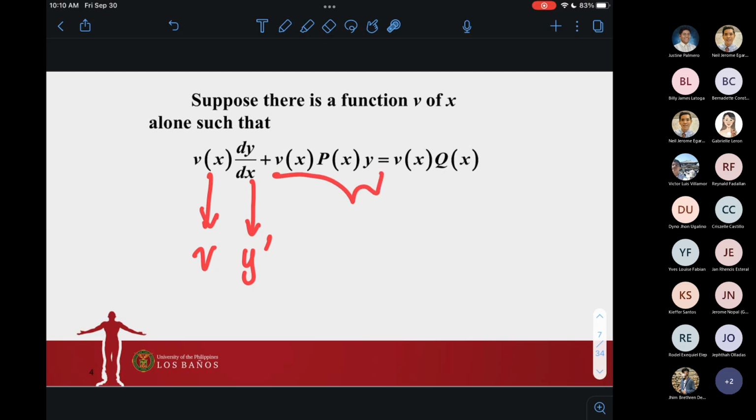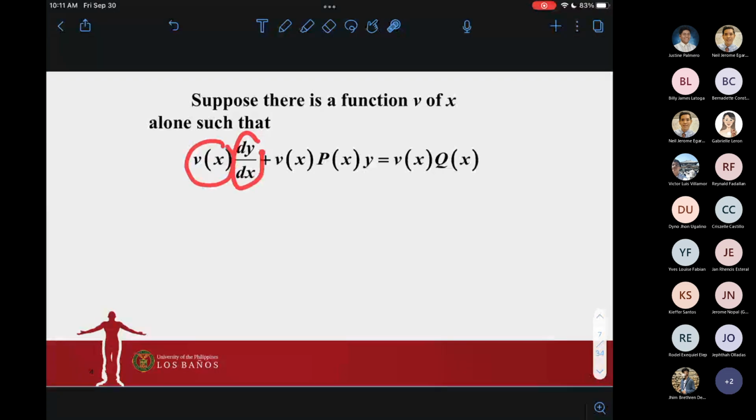Gusto ko yung second factor ay yung manggagaling dun sa product rule. Alright? So, di ba, pag meron kang product ng dalawang functions, tapos kinuha mo yung derivative niya, you will just copy the first factor times the derivative of the second factor. So, ibig sabihin, ang pinag-multiply ko ay si vy. So, gusto ko ngayon si vy prime ay maging equal dito sa right-hand side.